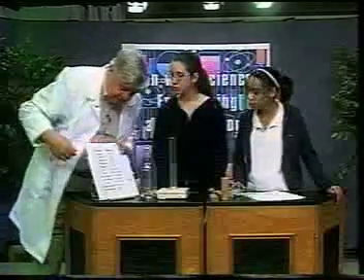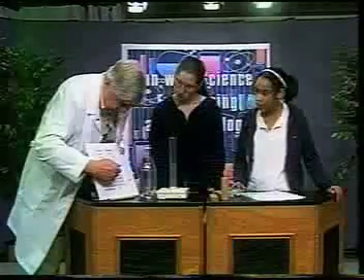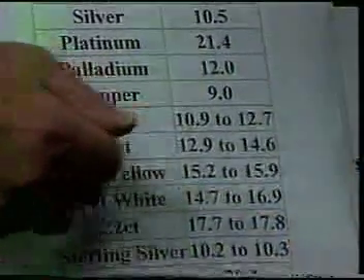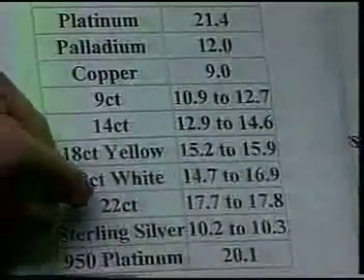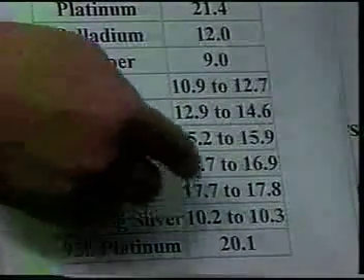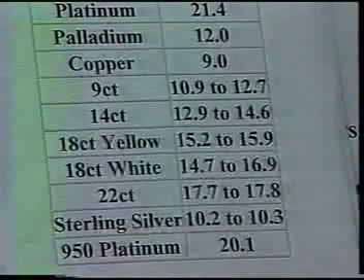So, down here we got 18 karat gold is 15.2, that's yellow gold. White gold is 14.9 because it's mixed with some other materials. 22 karat is 17. And so this is really not a very good high quality gold piece.